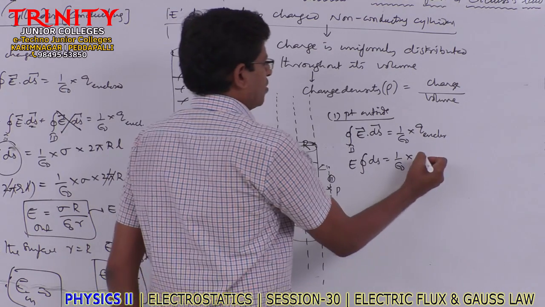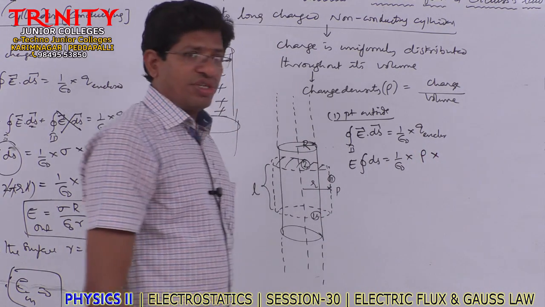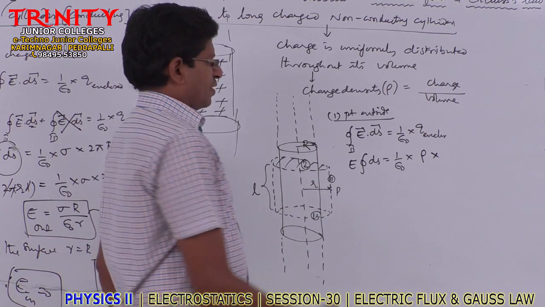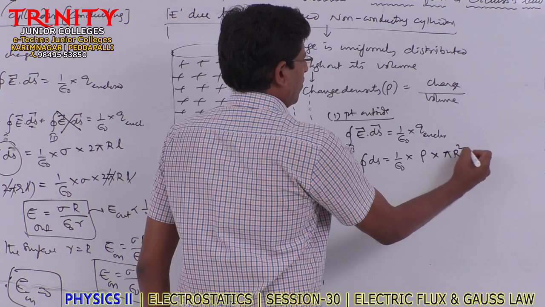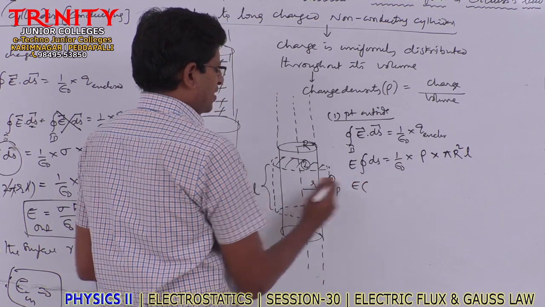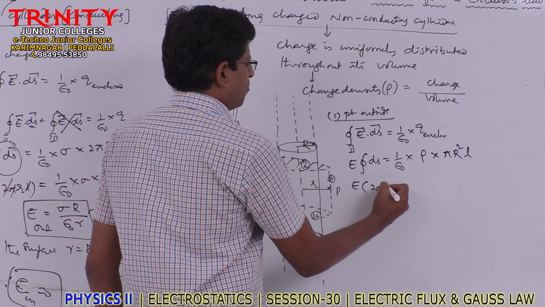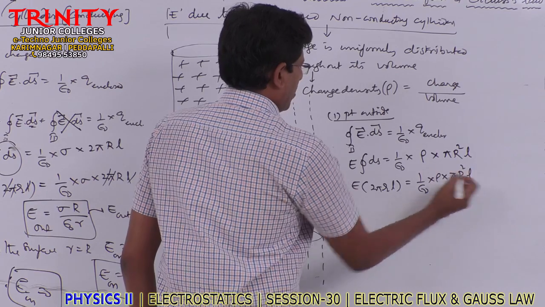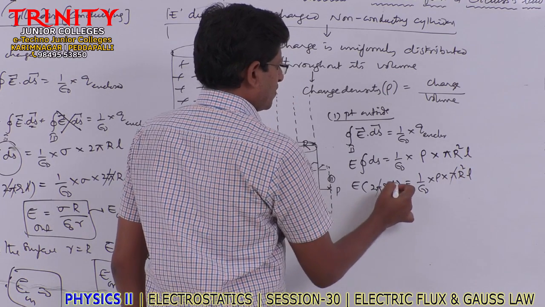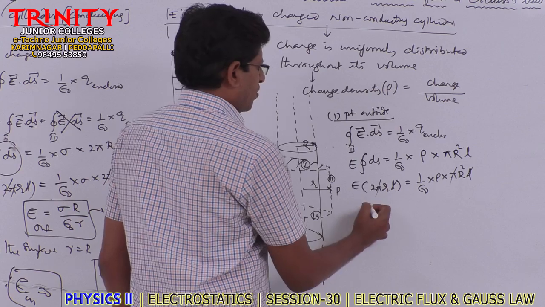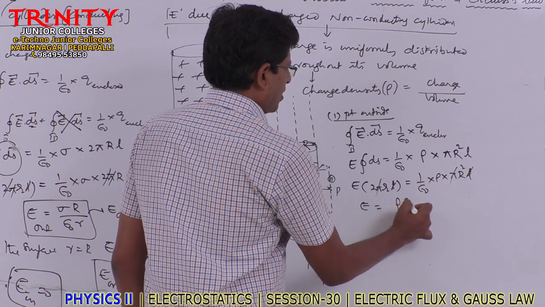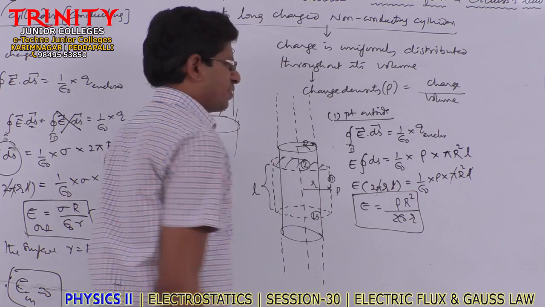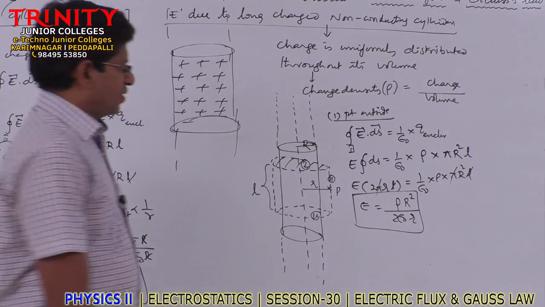You can write the charge density, charge per volume, into the volume of the inner cylinder wherever the charge is residing, given by pi r square L. And ds is the surface area, 2 pi r L. Pi cancels, L also cancels. So what you get is E equals rho r square by 2 epsilon naught r. This will be the answer for the outside point.